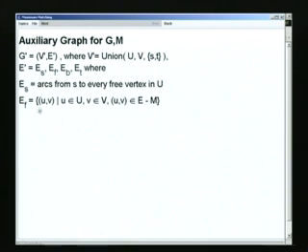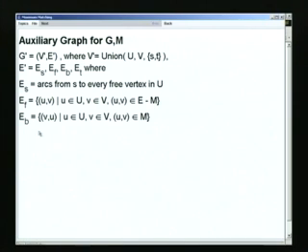E sub F is the set of edges in the forward direction, that is what this F is supposed to hint at. They consist of arcs of the form UV, where U belongs to the left hand set of vertices, little v belongs to the right hand set of vertices capital V, and UV is not in the matching, but it is in the edge set.